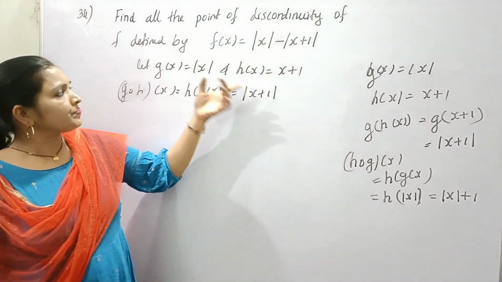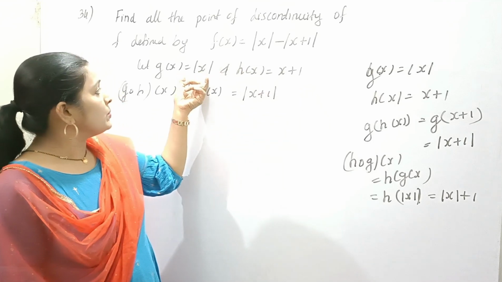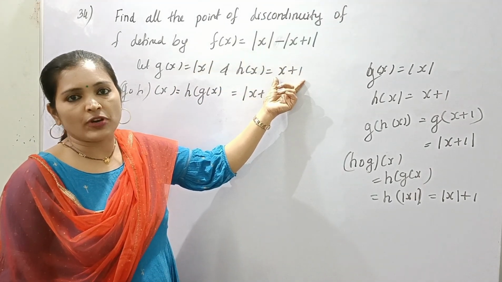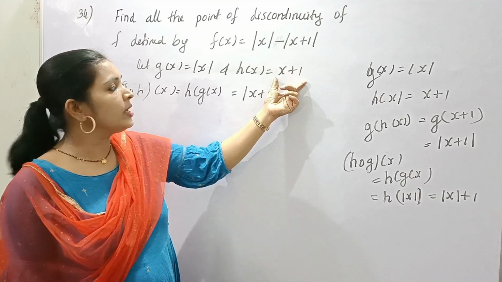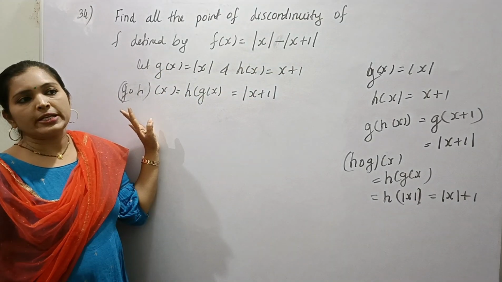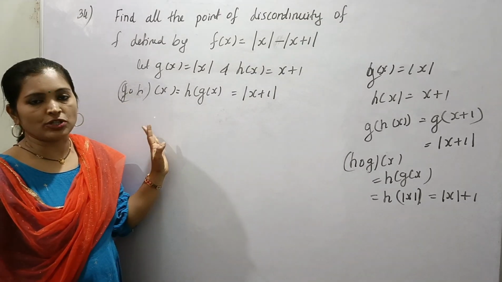So here g(x) is |x| and h(x) is x + 1. |x| is a continuous function, and x + 1 is also a continuous function, right? That is a polynomial function. Therefore, its composite function, that is g composite h, is also a continuous function.